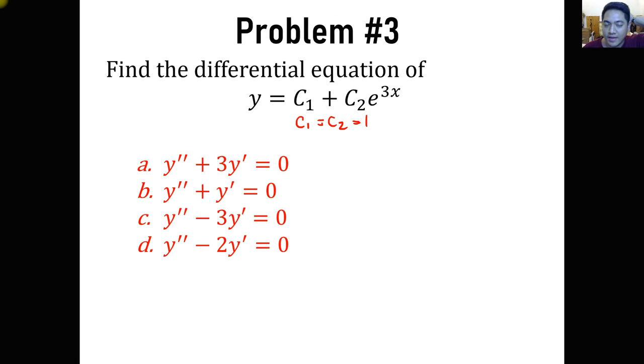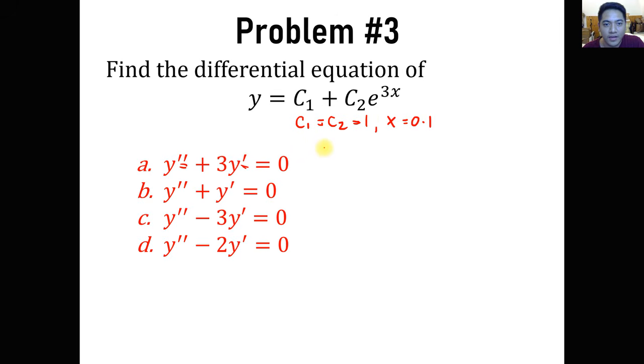And the thing here is we have two arbitrary constants, so we need to have two derivatives. As you can see in the choices, we have y double prime and y prime. So it means we need to get the double or second derivative of this so that we can get the answer for this. So first of all, we need to let x equals 0.1 again.